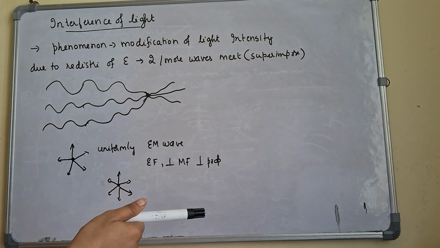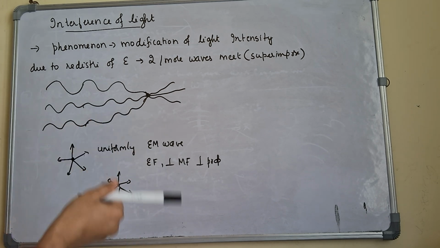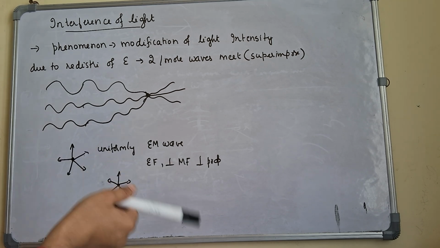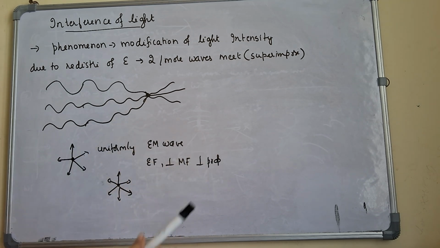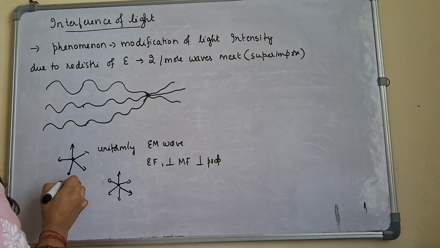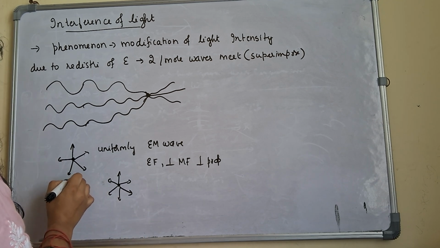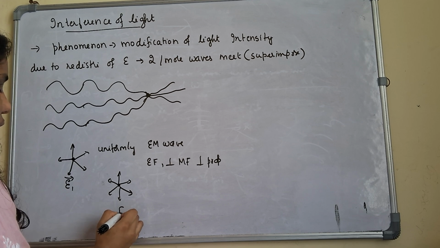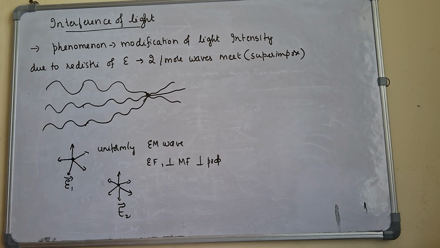That means the source of light is oscillating, creating electric and magnetic fields which propagate, and that's how the energy is propagated. Let us say this source has an electric field E1 and this source has an electric field E2.